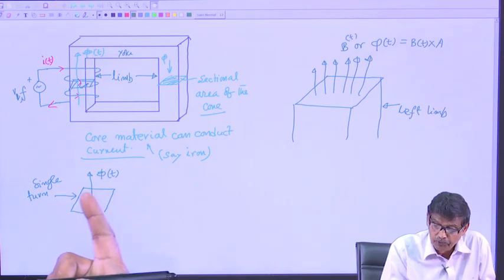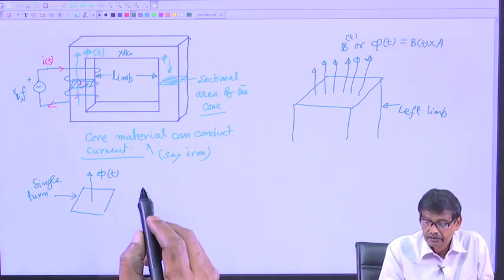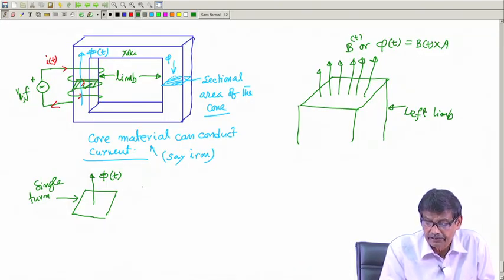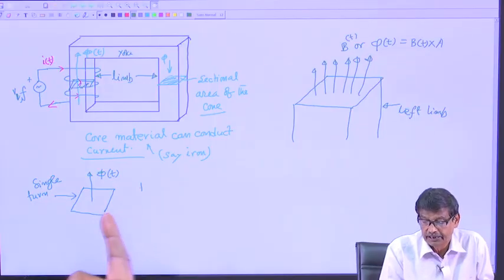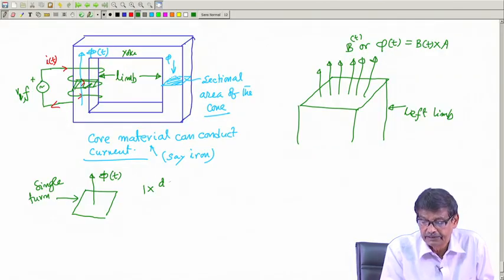Then there will be an induced voltage in this turn. What will be the value of this induced voltage? Number of turns, that is 1, into d phi dt.